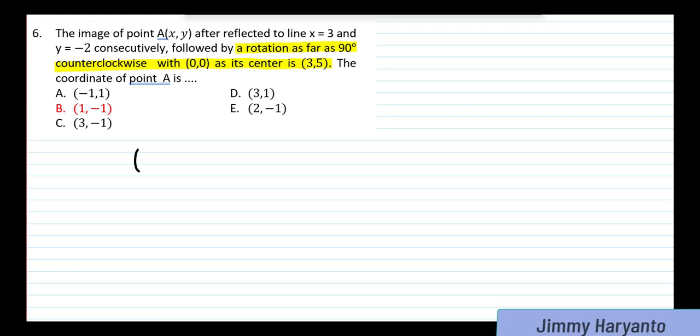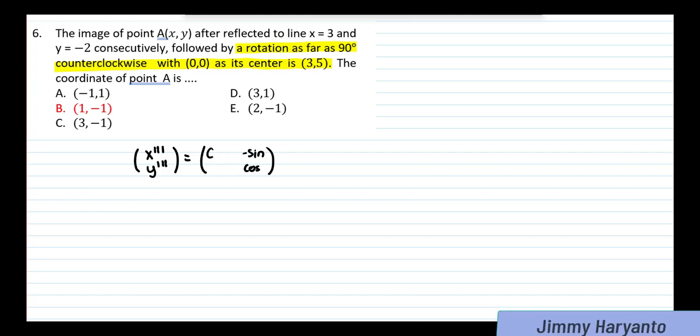So let's say that the final image is x triple prime, because there are 3 transformations. The final image will be x triple prime and also y triple prime. The rotation matrix will be cos, negative sine, and then sine and cos.